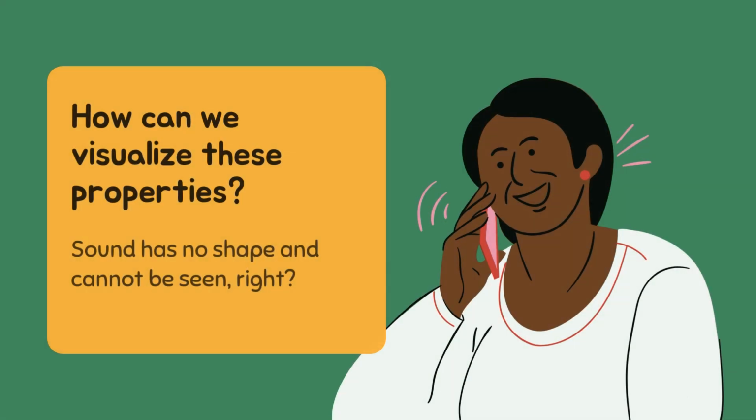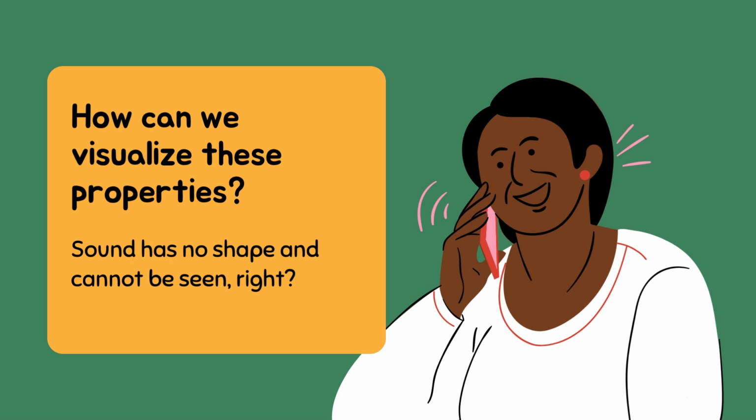Now, after understanding the key concepts in acoustic phonetics, or knowing the properties of speech sound, how can we visualize these properties? Sound has no shape, as you know. It is a sound and cannot be seen, right?